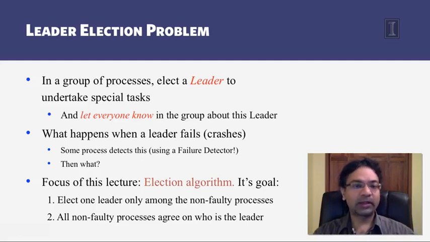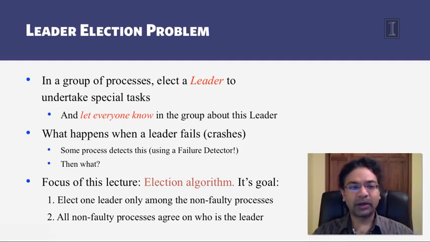Now, what happens when this leader crashes or fails? Well, first of all, some process detects this failure. How does it detect this? Well, it detects this using, say, a failure detector, any one of the failure detectors we have seen elsewhere in this course. You could also use other mechanisms, as we will see some of our systems do. But what happens after you detect this failure?